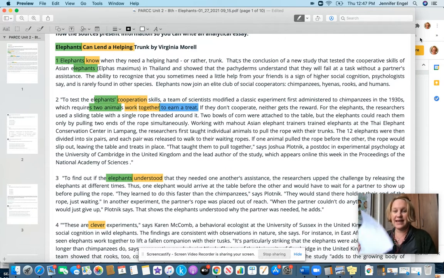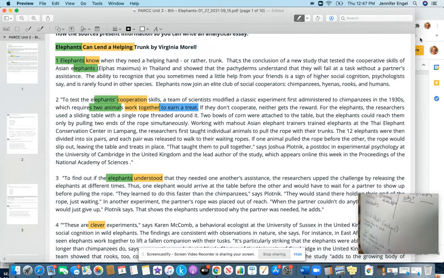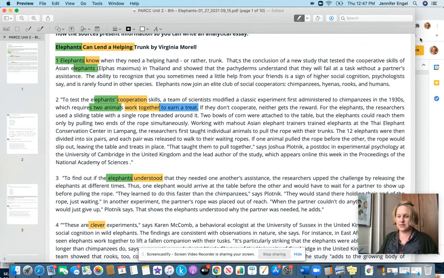So again, if I can't actually highlight, I can take my notes here. Okay, they work together so that they can earn a treat. Okay, is there any other repeated words? That's what I'm going to look for next. I'll make my repeated words purple. And it doesn't need to be exactly repeated. It could be similar repeating words.